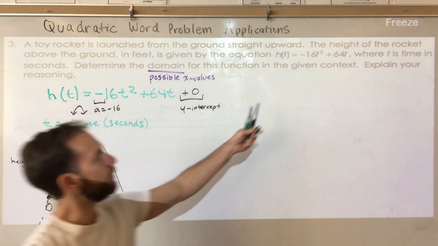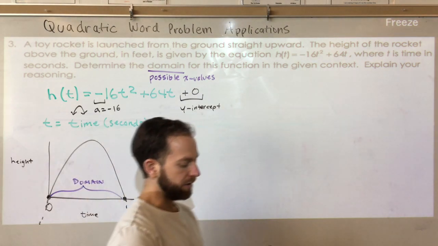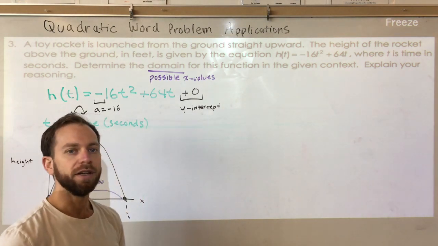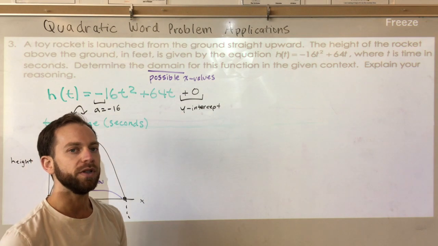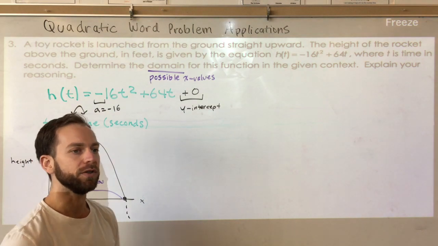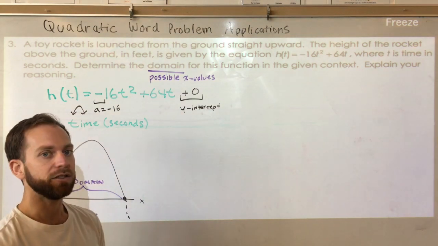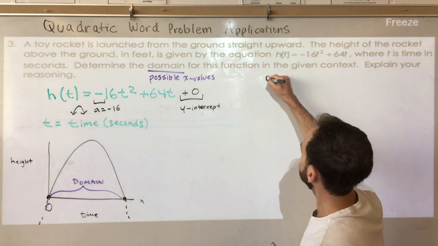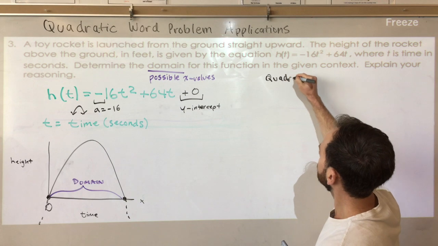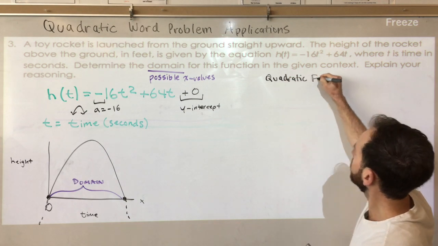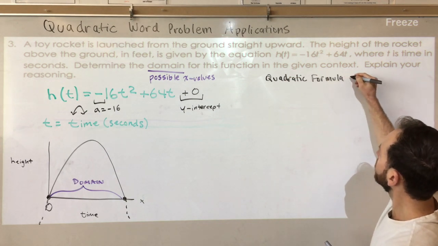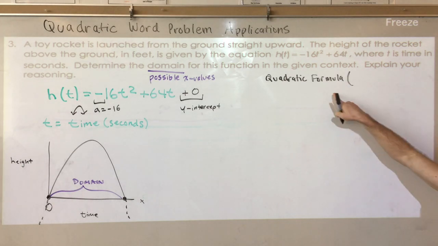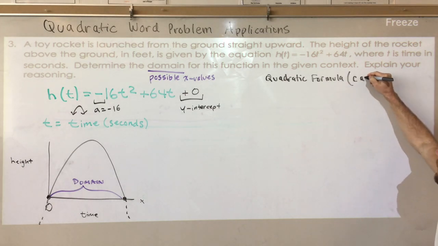Now for this problem, you could factor it because they have a 16t in common, but I want to show you a different way to do this that you can always use in order to find the roots. And this is something called the quadratic formula. And just remember, you can always use it to find the roots.